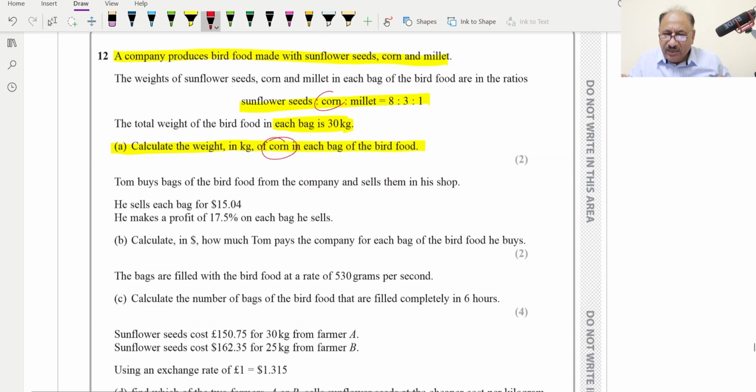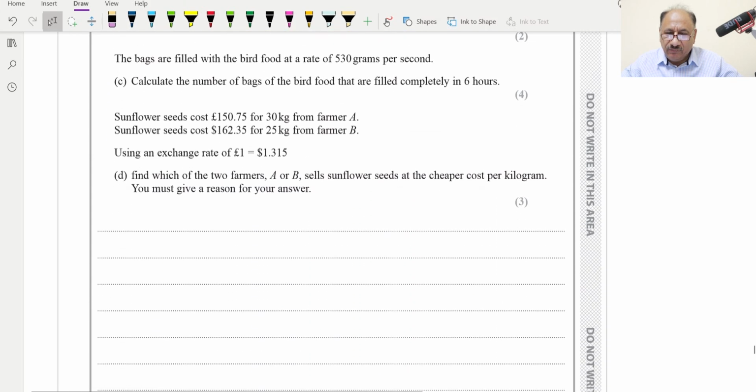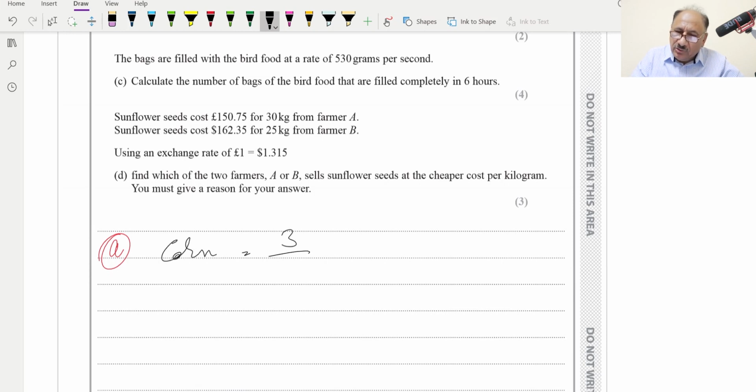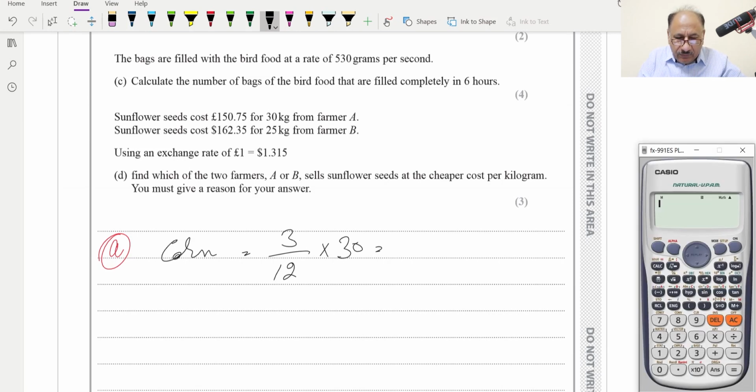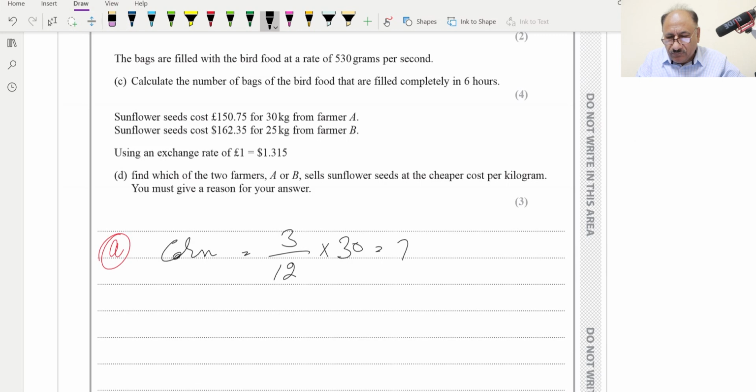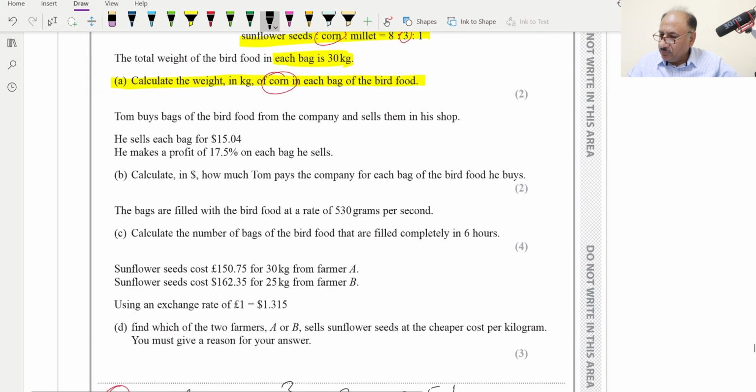Corn is over here in the middle, so 3 is the corn. For part A we can write that corn will be 3 out of 12, 3 portions out of 12, and each bag is 30 kg. So we'll check how much is corn: 3 divided by 12, multiplied by 30, is equal to 7.5. So 7.5 kg will be the corn. This is the easier part which we have done.